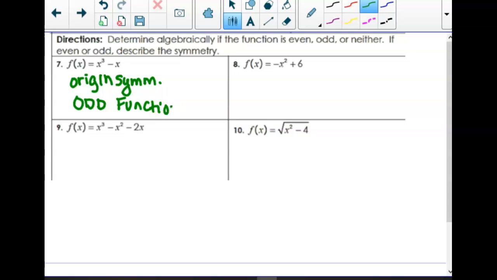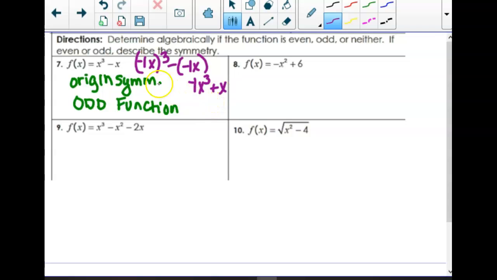Now, we were supposed to prove that algebraically. The test for proving that algebraically is to put in a negative x and see if we get out the opposite of what we started with. So negative 1x cubed minus negative 1x. Negative 1 to the third is negative 1. And minus a negative x is a plus x.